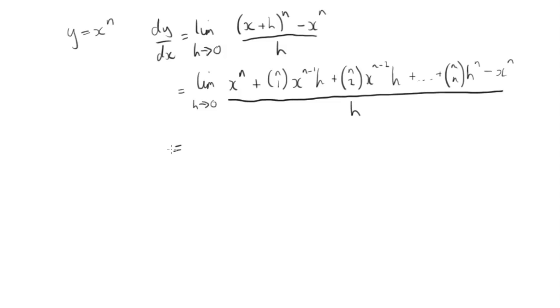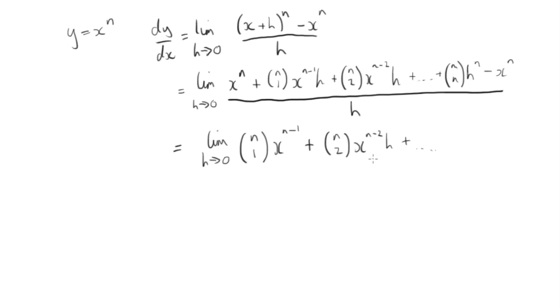Okay, so let's do some tidying up. So we have the limit as h tends to 0, x to the power n minus x to the power n disappears. So we end up with n choose 1, x to the power n minus 1, and h divided by h is simply 1, plus n choose 2, x to the power n minus 2 times h, plus a load of other terms which also include h.